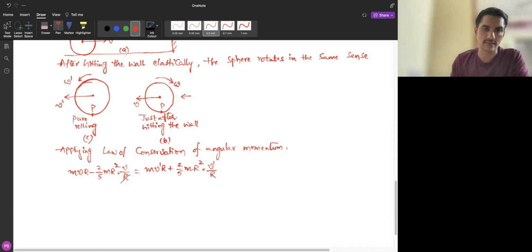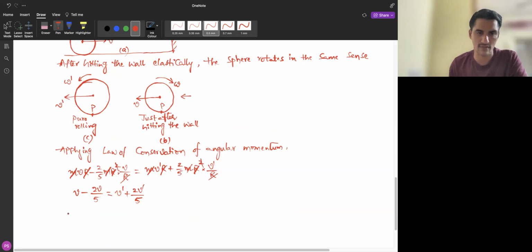So therefore R square gets cancelled. Here also R square gets cancelled. And on both sides R is there. That's why again R gets cancelled. M gets cancelled. So what are the remaining values? V minus 2V by 5 is equal to V dash plus 2V dash by 5. Yes or no? Now let us solve this.